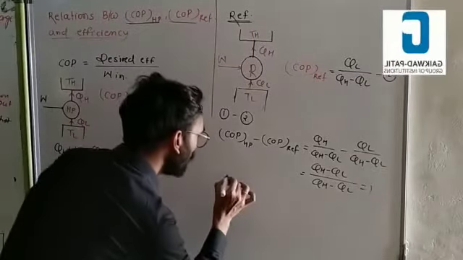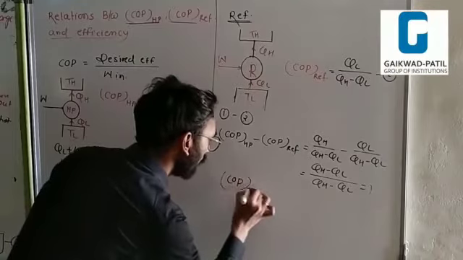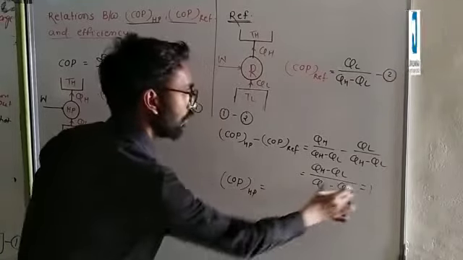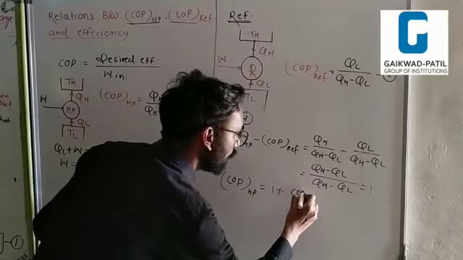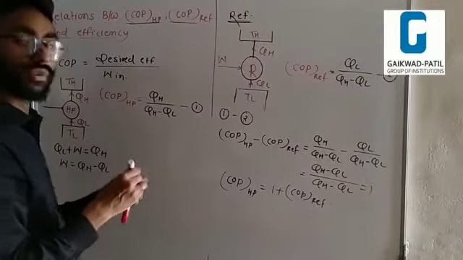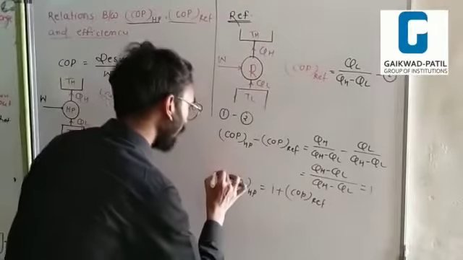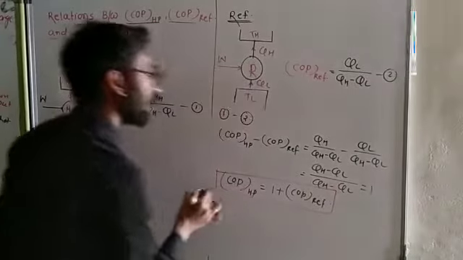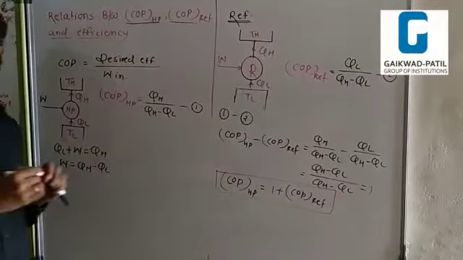Now the COP of the heat pump is equal to 1 plus the COP of the refrigeration. This is the relation between the COP of the heat pump and the COP of the refrigeration. That's it.